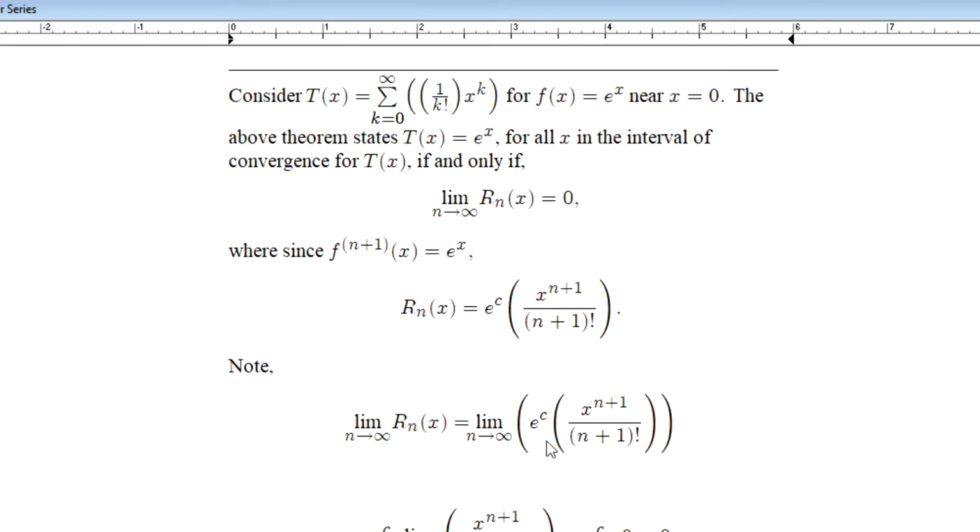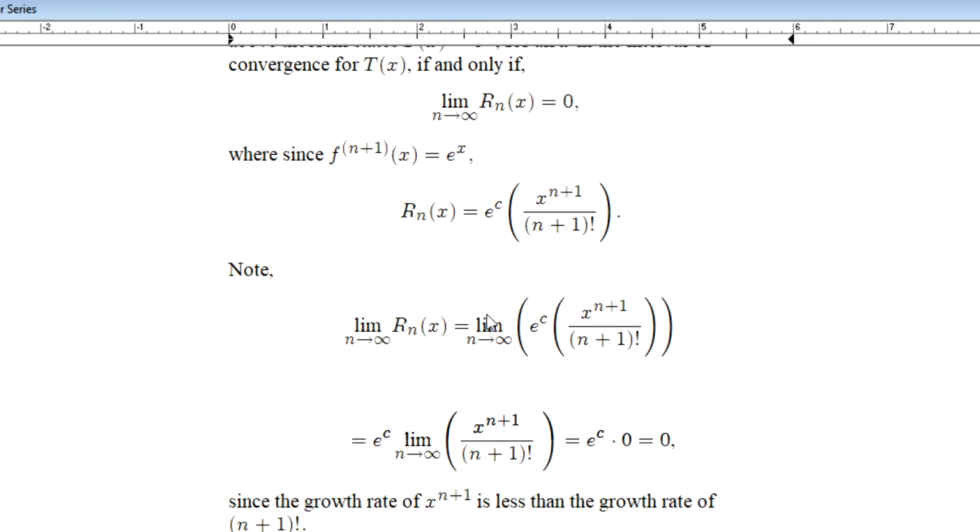If we think about then the limit as n heads to infinity in that remainder, that value e to the c, first of all, is a constant multiple, and it would be brought out in front. And you would be left with the limit of this quantity here, where the limit of this quantity here is simply 0. And how we know that is by just noting the limit of the growth rates here, folks.